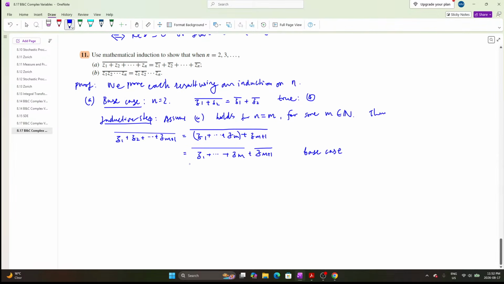And now you can do the decomposition for the first term using the induction hypothesis: z1 bar plus all the way to zm bar, plus zm plus 1 bar.